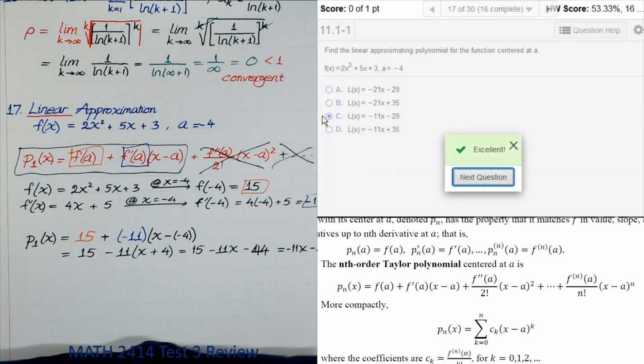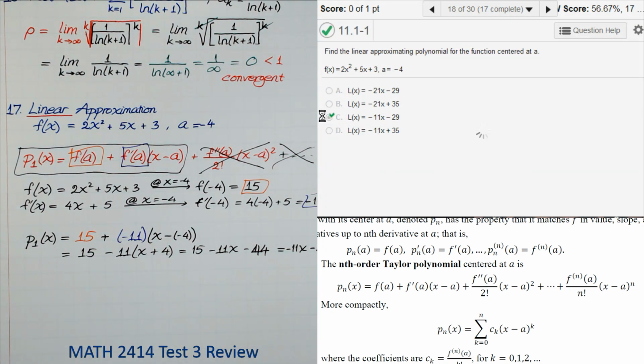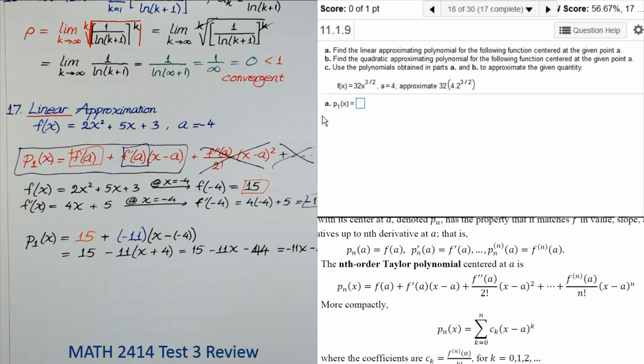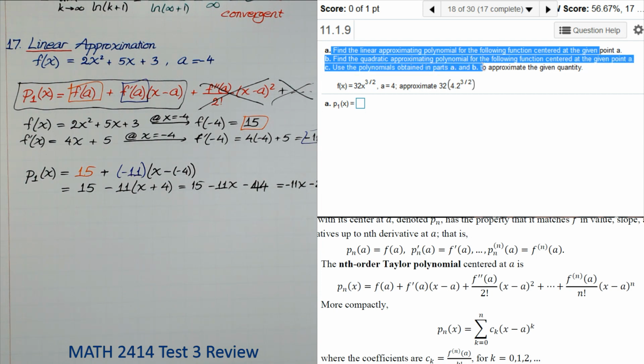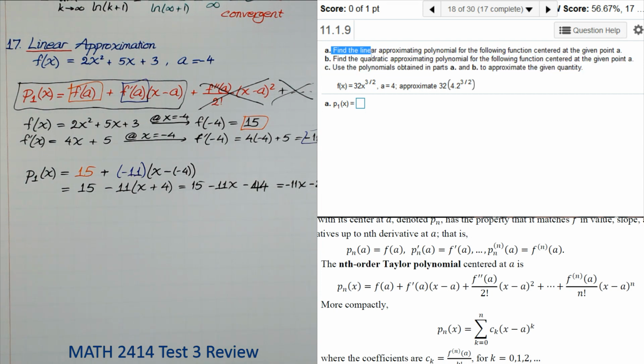Yeah, so this is the simple form of linear approximation, I mean of the Taylor series, which includes the Taylor approximation, Taylor series, that is.